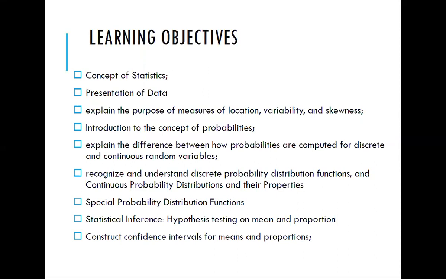Now, these are our objectives for today: to examine the concept of statistics, look at presentations of data, and explain the purpose of measures of location, variability, and skewness. Then in the next class, we'll begin with the concept of probability, all the way down.